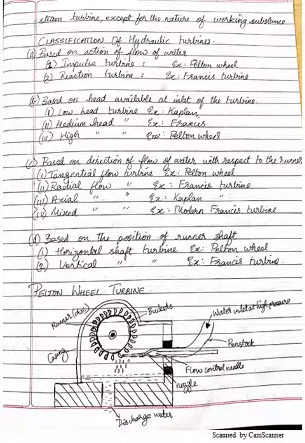This striking action causes the buckets to move in the rotational direction, which in turn makes the runner rotate, and this rotational motion is further converted to electrical energy. The water after hitting the bucket flows down through the discharge water outlet.